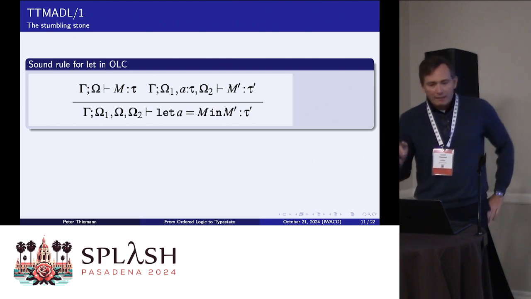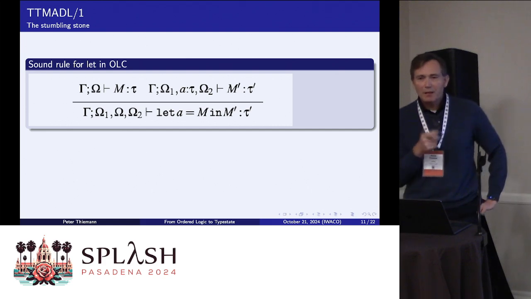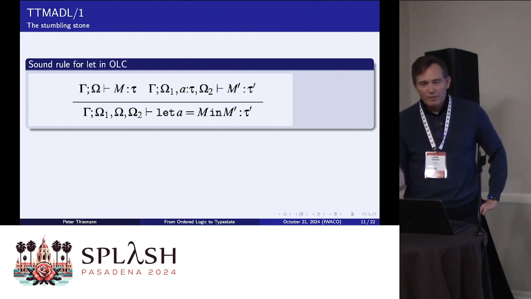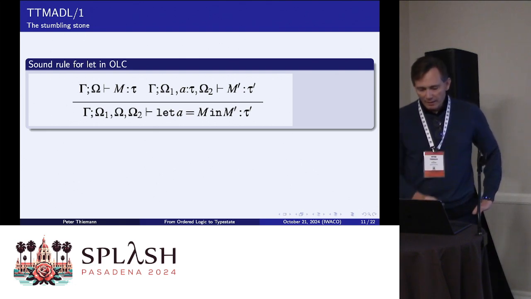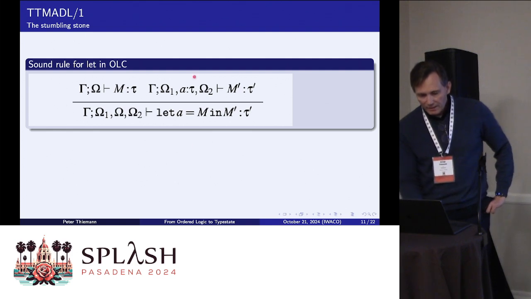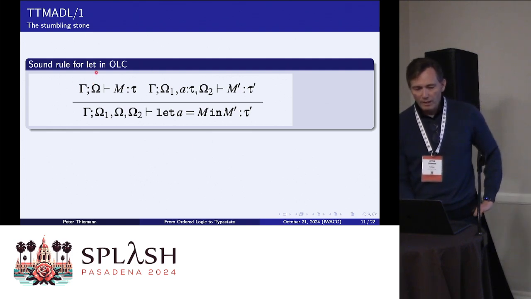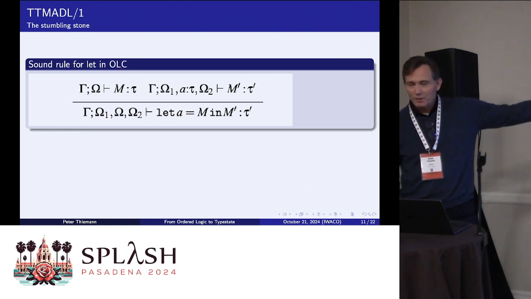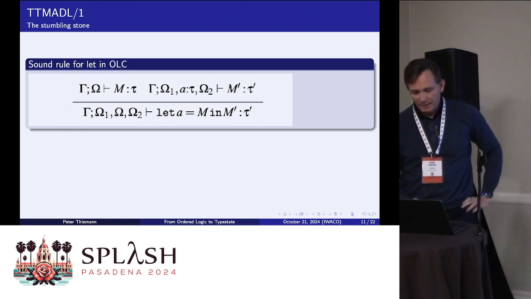Right. Let me get now to the stumbling stone in their interpretation as compared to the earlier work of Jeff and Frank. This is a sound rule for a hypothetical let construct in the ordered lambda calculus. I'm calling ordered lambda calculus the lambda calculus that we just saw from Jeff's and Frank's work.